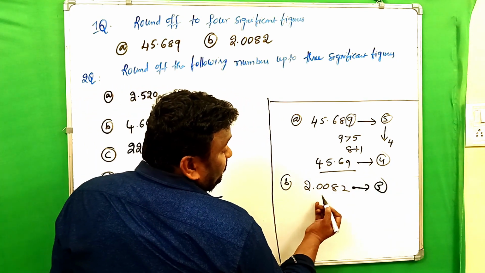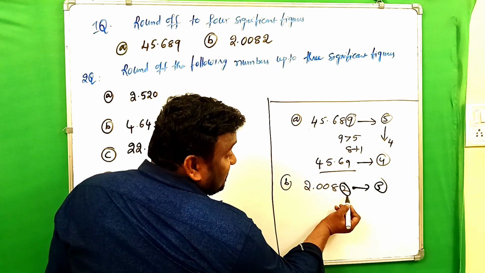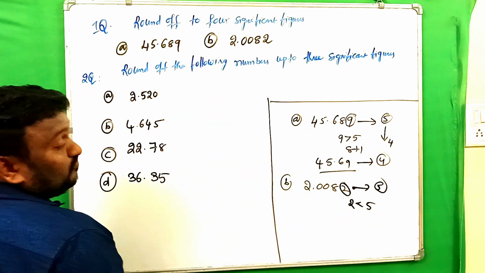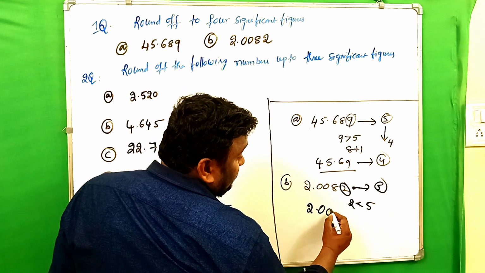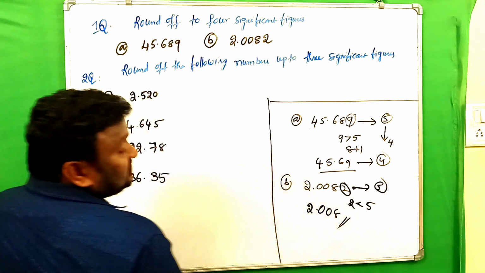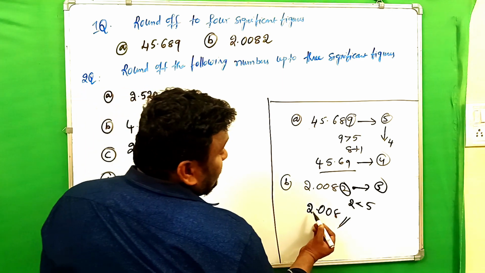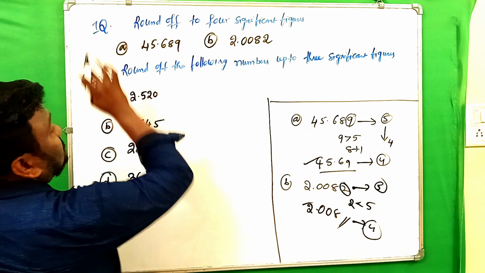Now it is going to be rounded off by eliminating the last digit. It is the insignificant digit, and the 2 is less than 5. The 2 is going to be dropped, and there is no change to the preceding number 8. Then it is 2.008. So now how many? 1, 2, 3, 4.